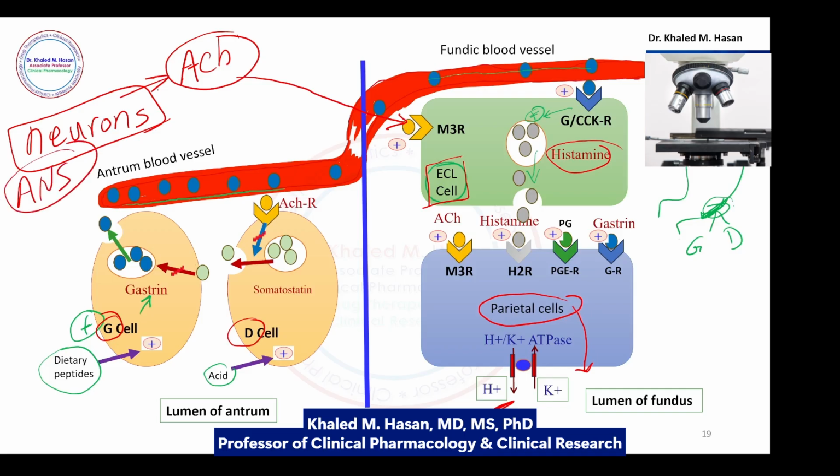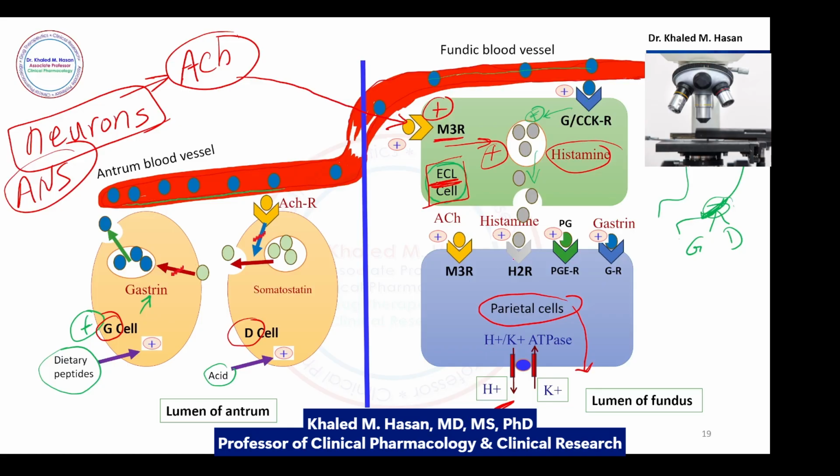The neurons release acetylcholine on the enterochromaffin cells. We have a receptor related to acetylcholine called the muscarinic receptor, and a specific type called the M3 receptor. So acetylcholine will activate the M3 receptor in the enterochromaffin cells, and this will lead to the release of histamine. So we have the muscarinic receptor activating histamine release, and gastrin activating histamine release. Several factors may lead to the activation and release of histamine from the cells.